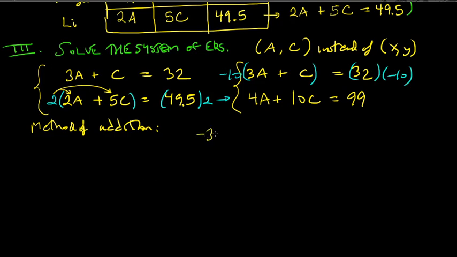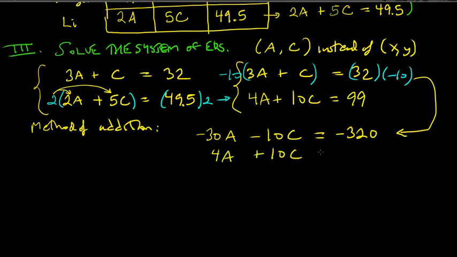That becomes -30 times A minus 10 times C is equal to -320. So everyone okay so far? For the bottom equation, we don't have to do anything to that. I'm going to leave it as 4 times A plus 10 times C is equal to 99.